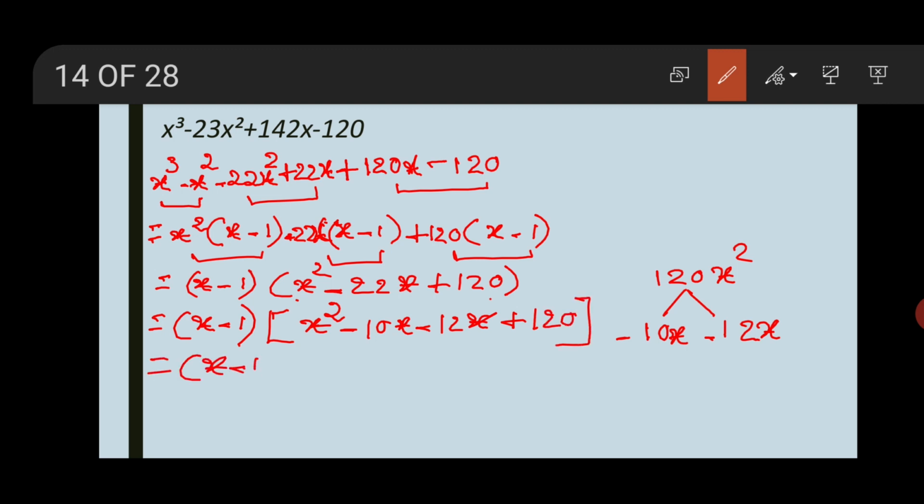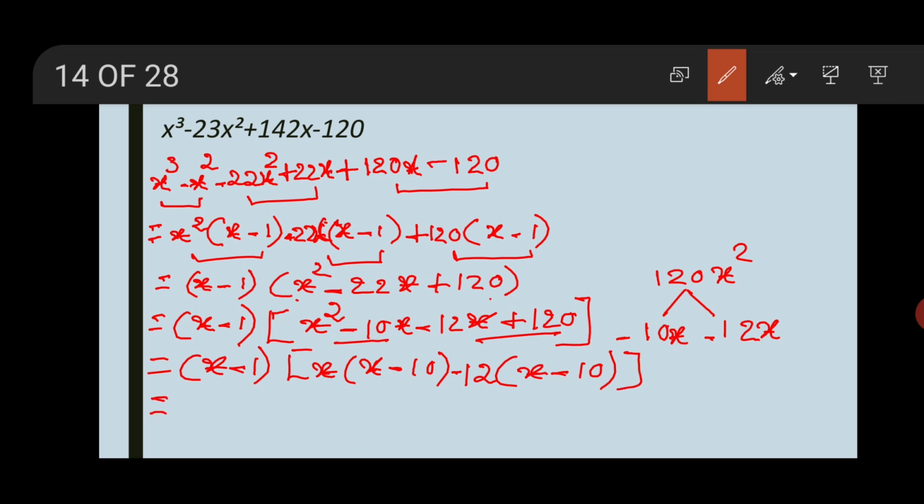Again x minus 1, take common factor here. What is the common factor? x, take outside, x minus 10 is remaining. Here also x minus 10. To get x minus 10 inside the bracket, we have to keep minus 12 outside the bracket.